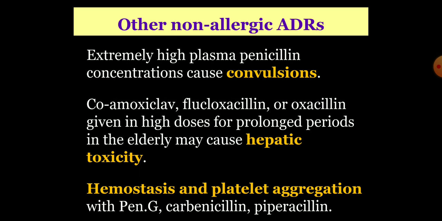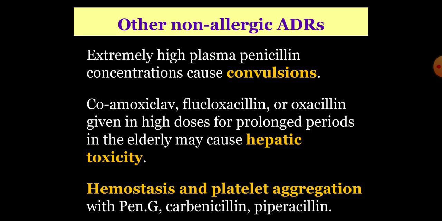Extremely high levels of plasma penicillin concentration may cause convulsion, and that can be also seen as a case of seizure. So that is tackled with benzodiazepine like drugs, but it happens almost when you double, or even if you prescribe penicillin more than the usual doses.